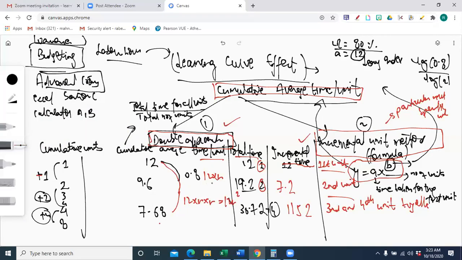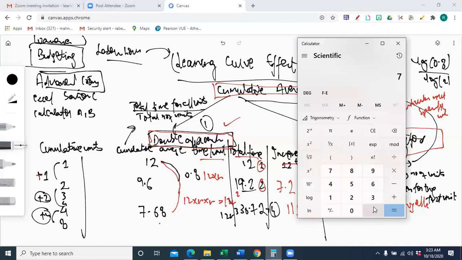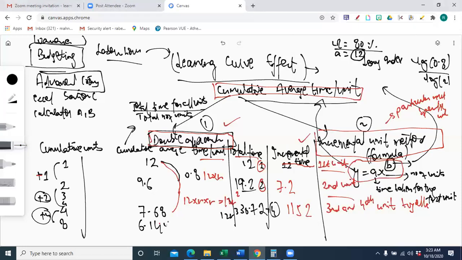For the first doubling, it was 12 into R. For the second doubling, it was 12 R squared. And for the third, it's going to be 12 R cubed, 12 into R into R into R. Or simply, to the previous average of 7.68, apply 0.8 and you get the cumulative average time for the first 8 units, which is 6.144.